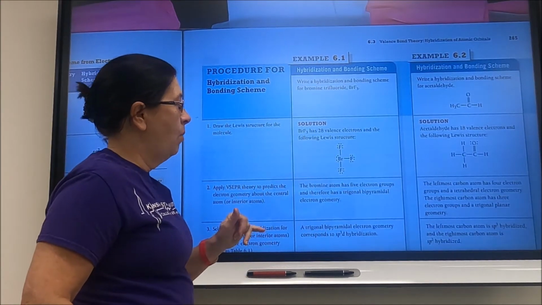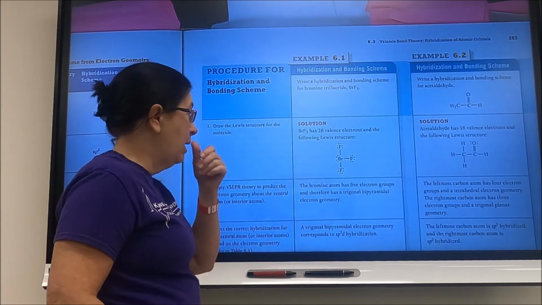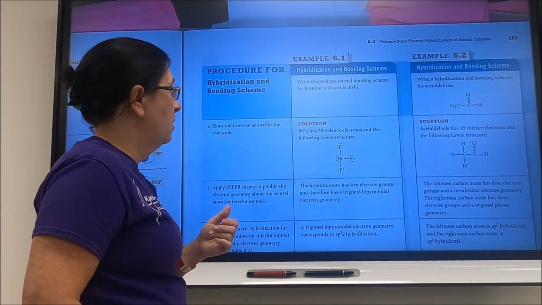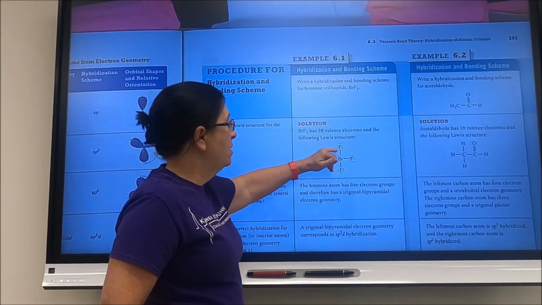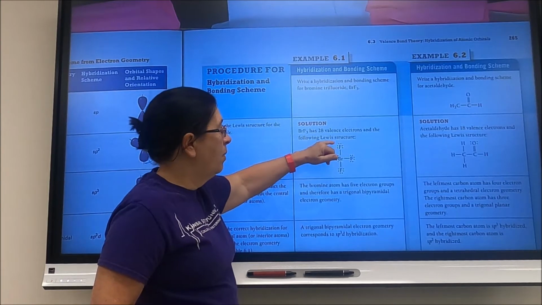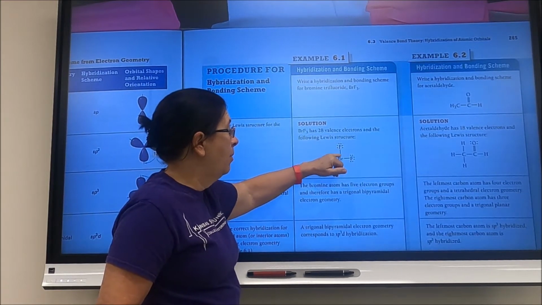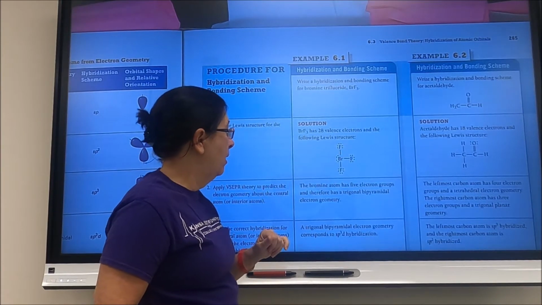That means the bromine is sp3d1 hybridized. The fluorines are using a p orbital because they have 1 unpaired electron. They're not between 2 other atoms, so we don't talk about them hybridizing. Only the atom in the middle.